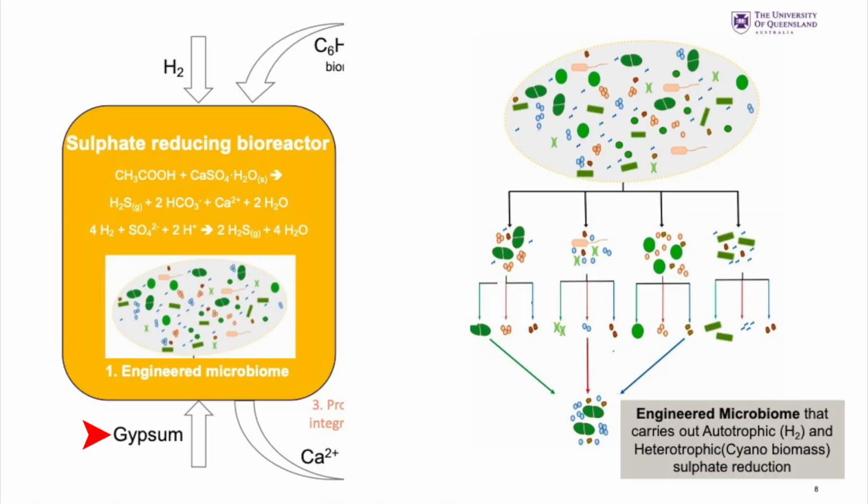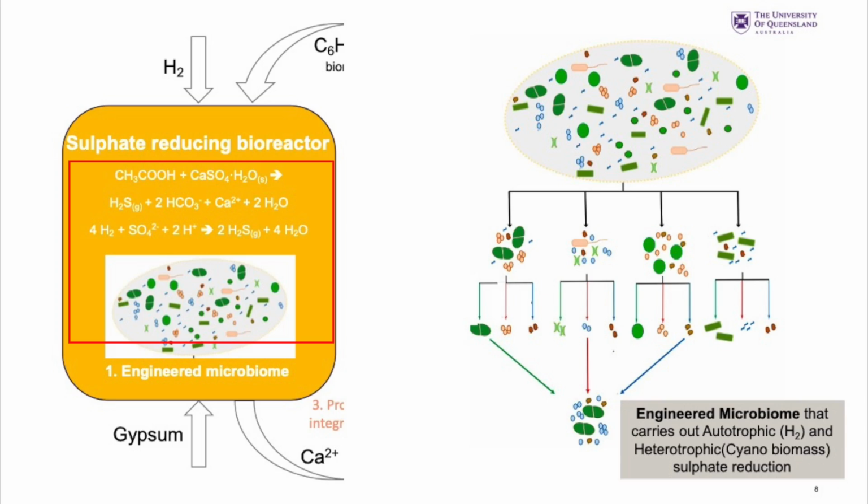So the idea is to solubilize the gypsum by separating this compound, by transforming the sulfate contained in the gypsum to H2S or hydrogen sulfide through the action of sulfur-reducing bacteria. And then the calcium that is being released can be used for calcium carbonate precipitation.